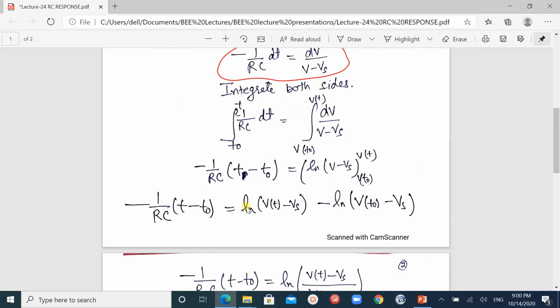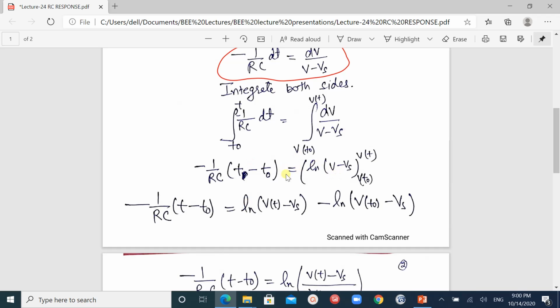It will become integration of minus 1 by RC dt from t0 to t is equals to integration dV upon V minus Vs from V(t0) to V(t). These are the initial and the final limits of the integration.